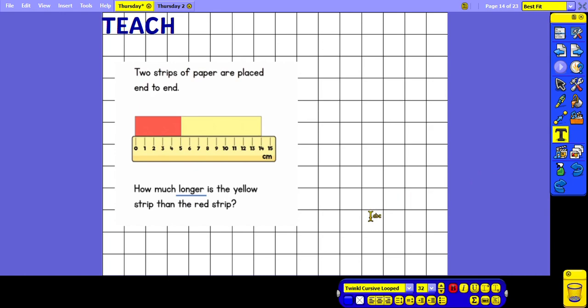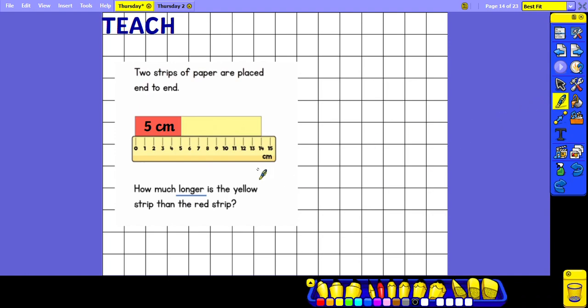The first thing that we can do is work out how long each strip of paper is. As you can see, we've got a ruler, so we can look at the red strip and we can see that the red strip is 5 centimeters long. To work out how long the yellow strip is, we can start here at the edge and then count on using the ruler.